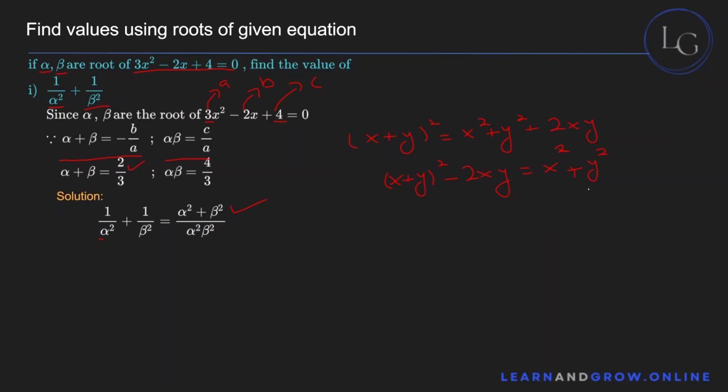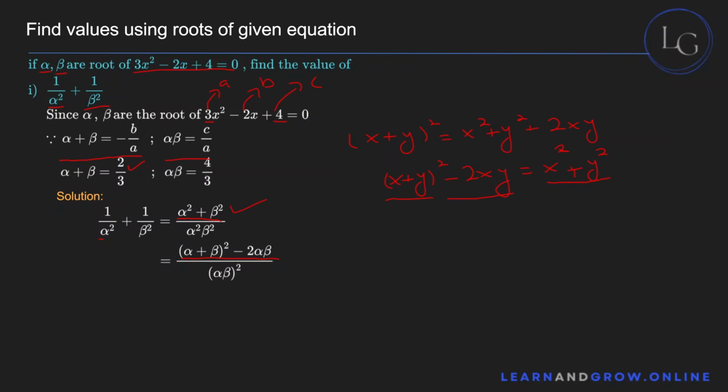You'll use this logic over here in the numerator. And upon doing that, you'll clearly see that alpha square plus beta square is equal to alpha plus beta whole square minus 2 alpha beta, just like x square plus y square is equal to x plus y whole square minus 2xy. So you get this in the numerator, and in the denominator, alpha square into beta square can be written down as alpha beta whole square.